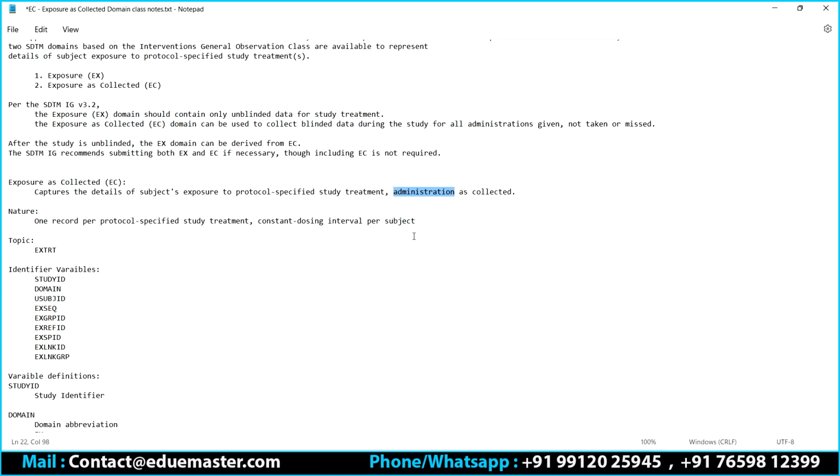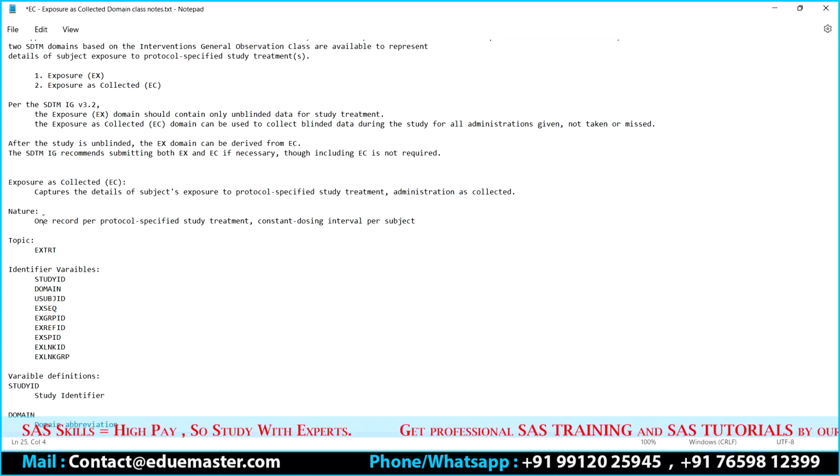Number two, what is the nature of this particular one? One record per protocol-specified treatment, constant dosing interval per subject. In addition, per mood. What is this new thing? What is this mood all about? I'll talk about this.